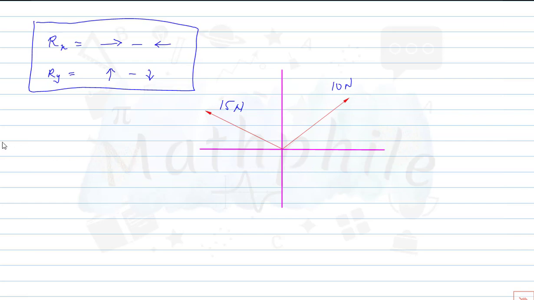Okay, let me put in some angles. Let's say this is 30 degrees. This is 15 degrees. And this is like 60. Let's say that is 10 degrees.